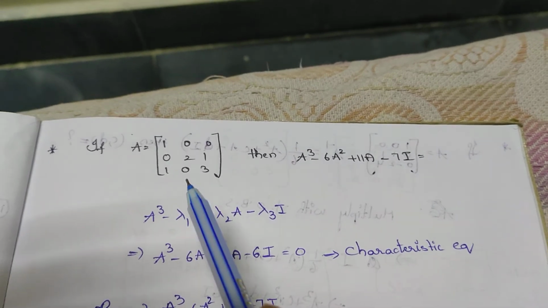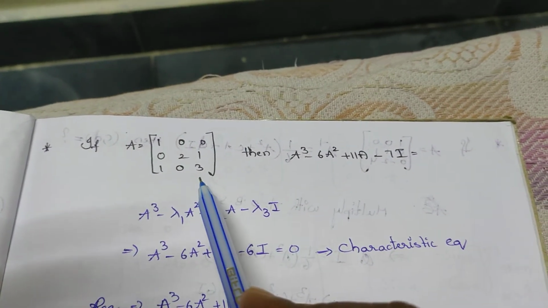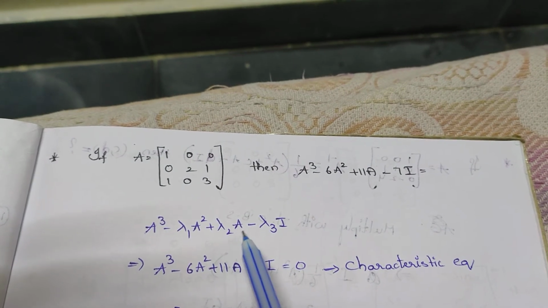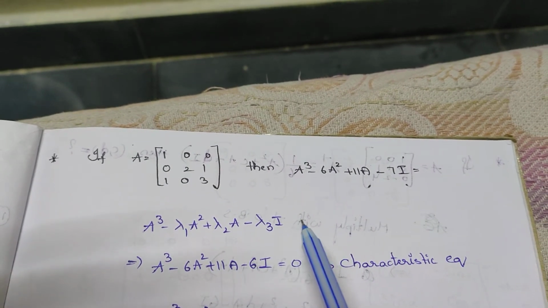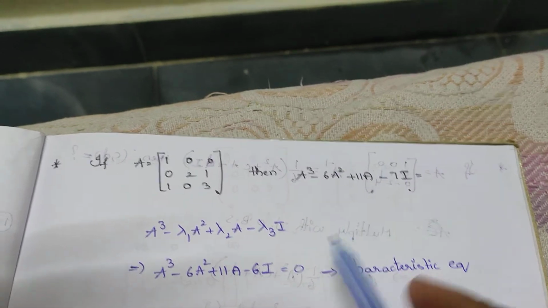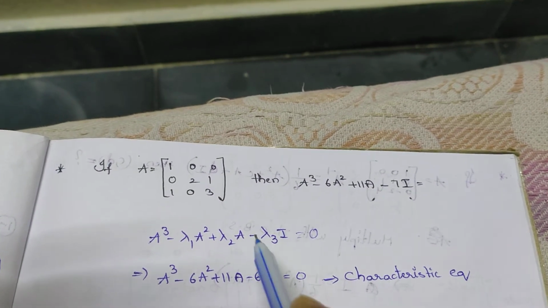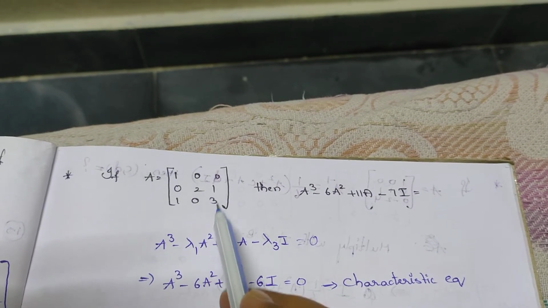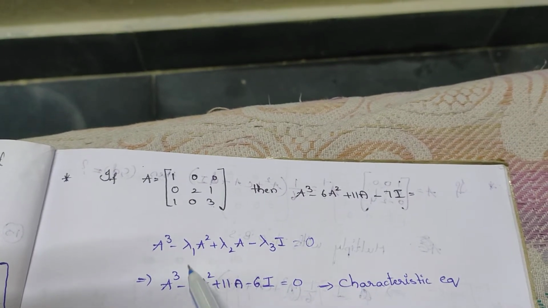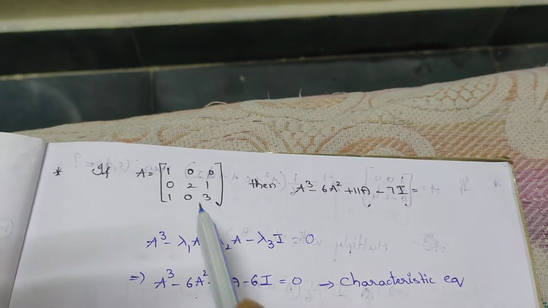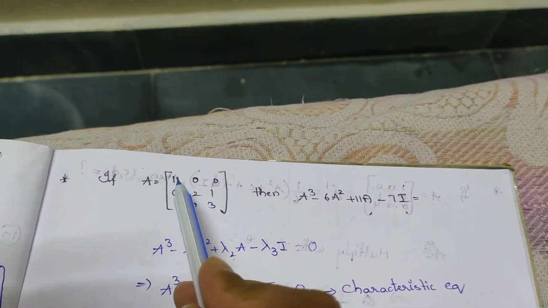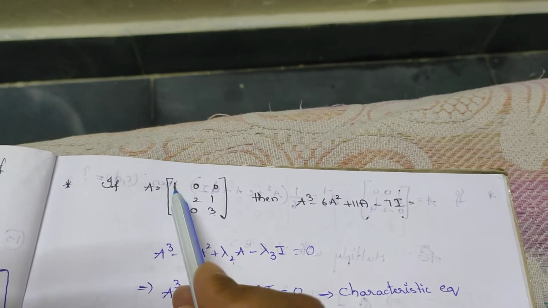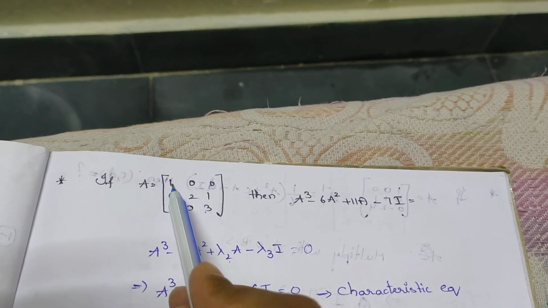Generally the characteristic equation of this matrix is A cube minus lambda 1 A square plus lambda 2 A minus lambda 3 I is equal to O. Here lambda 1 is the sum of the principal diagonal elements, 1 plus 2 plus 3, which is 6. So here also minus 6. Lambda 2 is the determinant of this matrix plus the determinant of this matrix plus the determinant of this matrix.